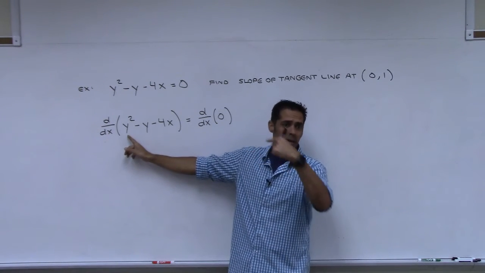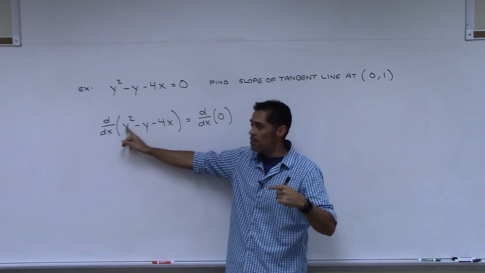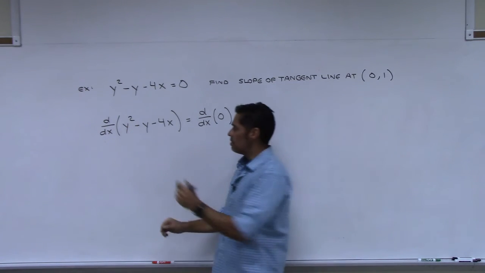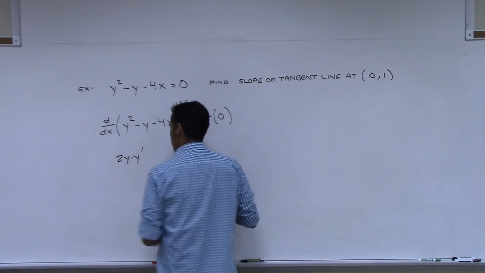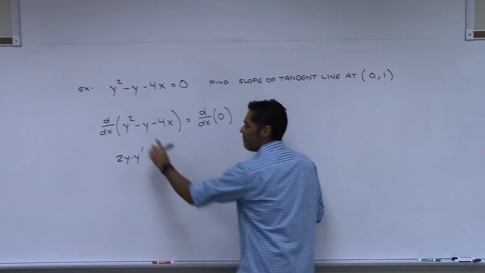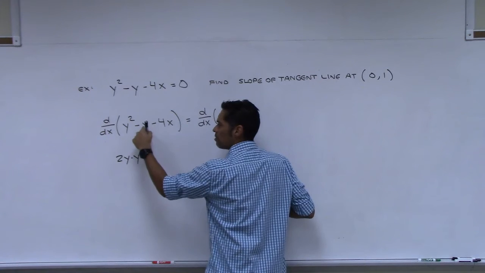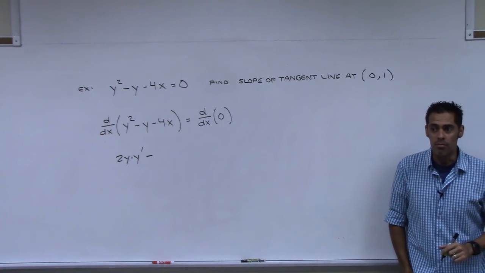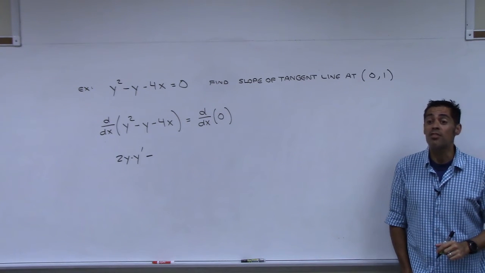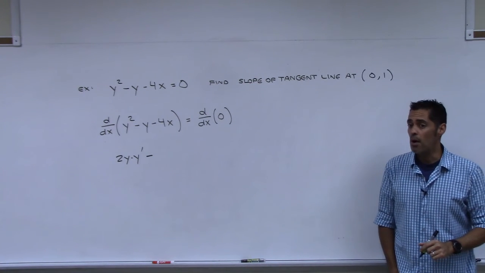The 2 comes out, y to the first power, then the derivative of the y, which was y prime. So this is 2y times y prime. Okay, then I have minus. What is the derivative of y? Just y prime.